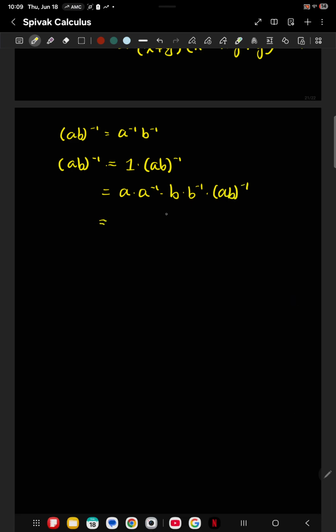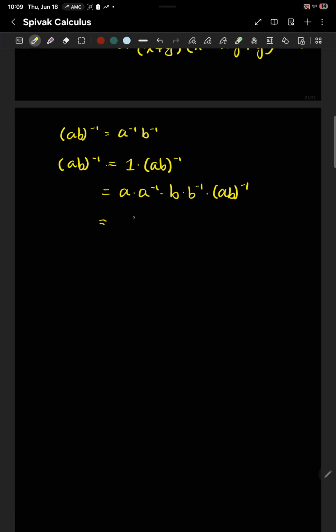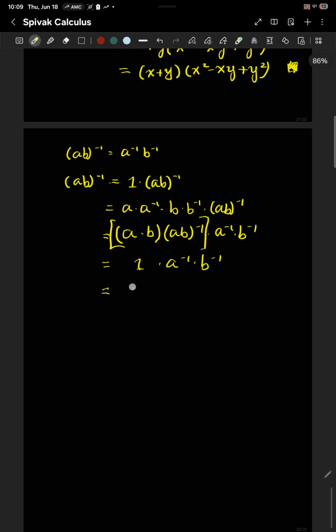If we shuffle this a bit, which we can because of the commutative laws, AB times (AB) inverse is 1, so we get A inverse times B inverse, which is equal to A inverse times B inverse. QED.